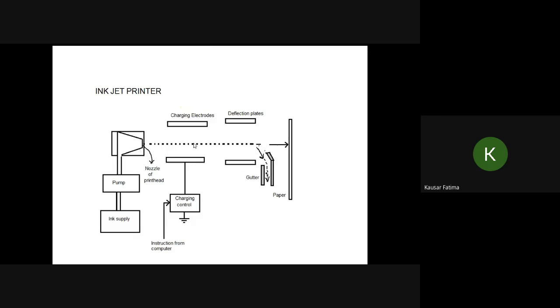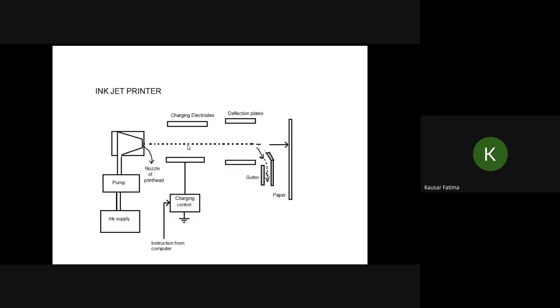For the writing part, there should be what? The charging electrodes will be on or off. This is to be decided depending on what type of thing is to be carried out. Of course, the deflection plates will be charged. So if the charged droplets reach this region, they will be deflected towards that plate.